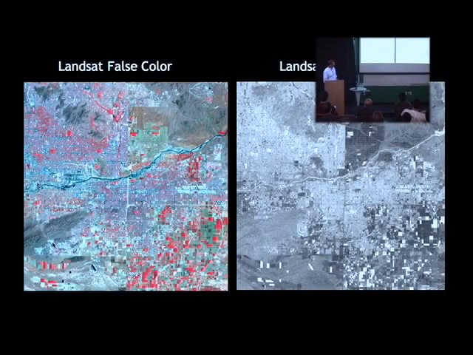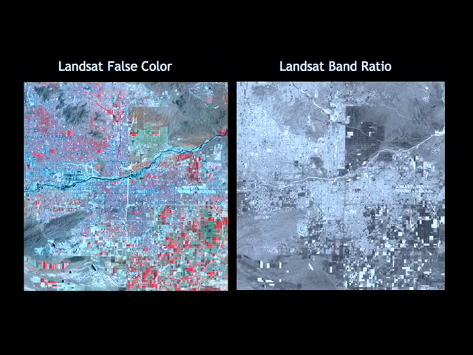I want to show another example. This is Phoenix. This is a more or less normal Landsat scene. It's not quite red, green, blue. It's green, red, near infrared. I think many of you are familiar with this. This is a false color image. We've taken each of the wavelengths and shifted it down one.